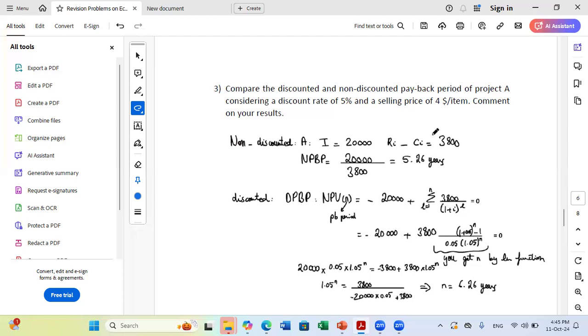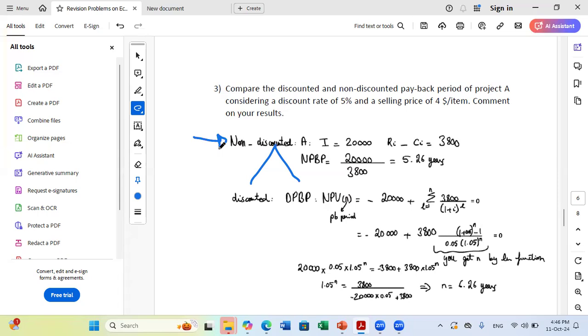If I obtain a non-discounted payback period of 6 years, this is an indication that the project is not very attractive because we know that the discounted payback period will always be larger than the non-discounted payback period. So in case the non-discounted payback period is already high, we can say that the project has some problems.